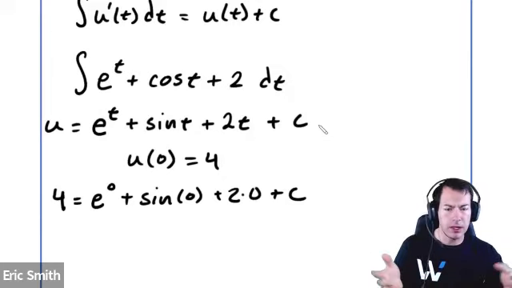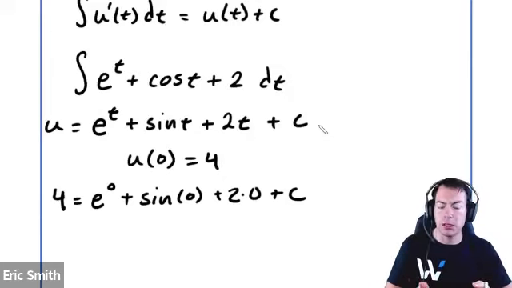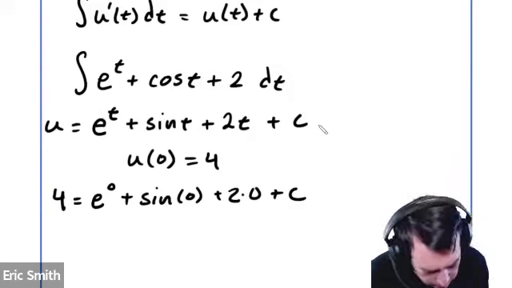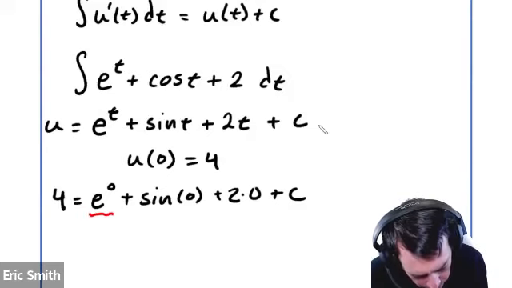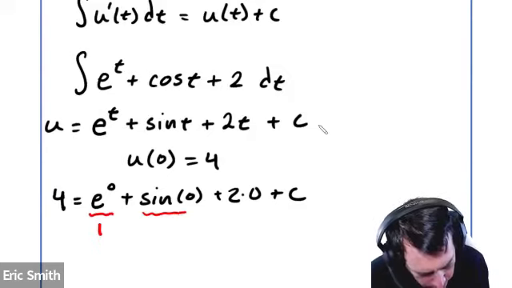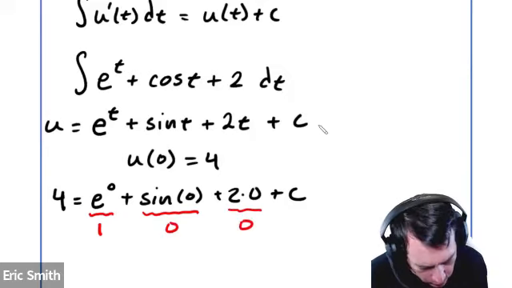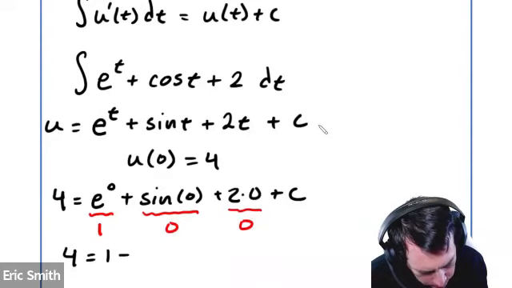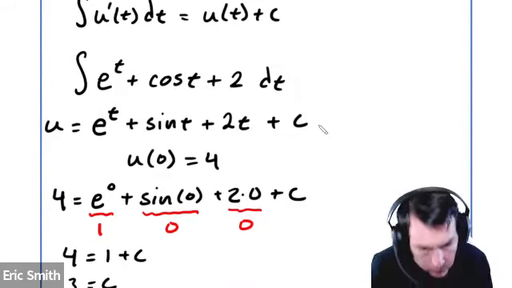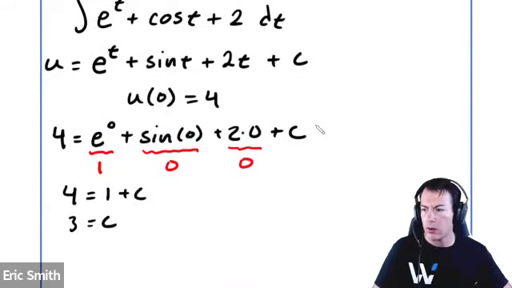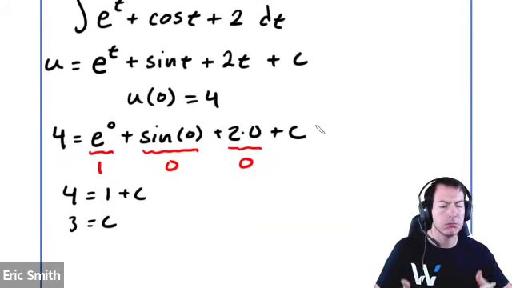We'll do some simplifying. We'll combine what we can. We'll solve for that c and see what we have. e of 0 goes to 1. Sine of 0, that goes to 0. And yeah, 2 times 0, that goes to 0. So 4 equals 1 plus c. So I know that the value of c is 3.